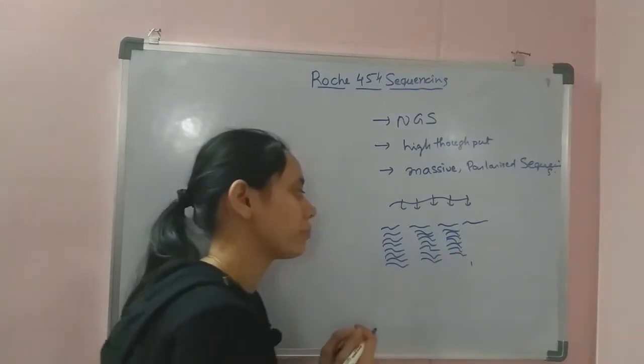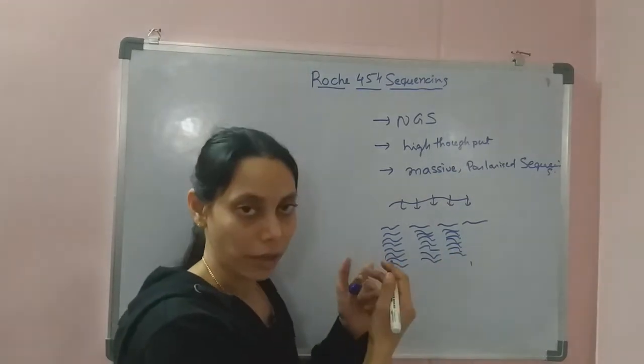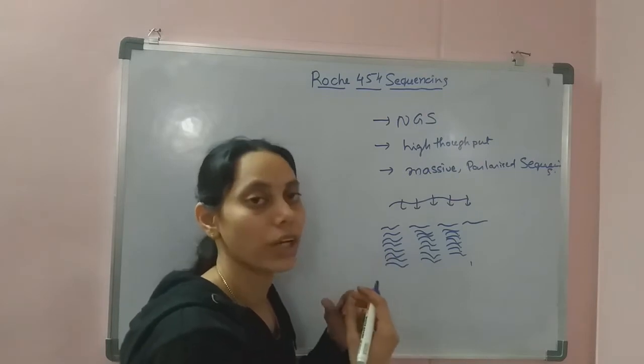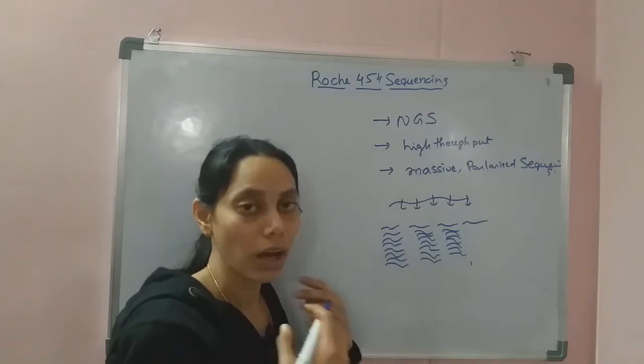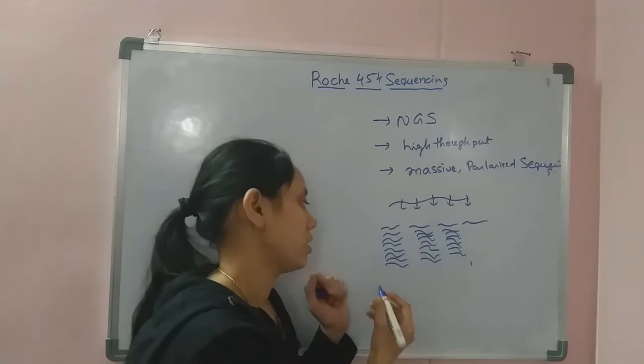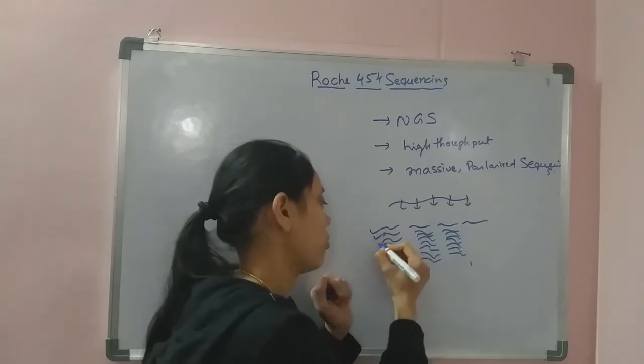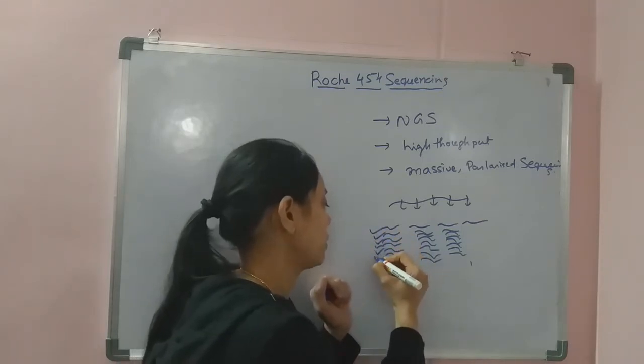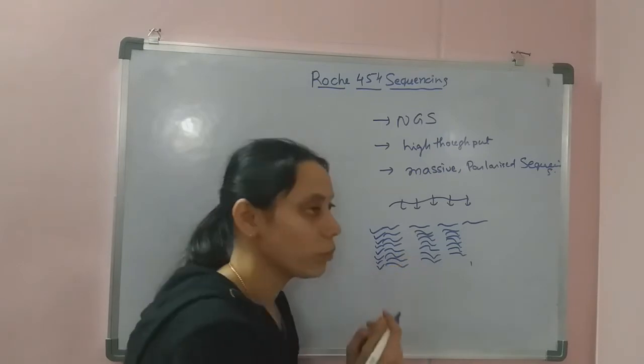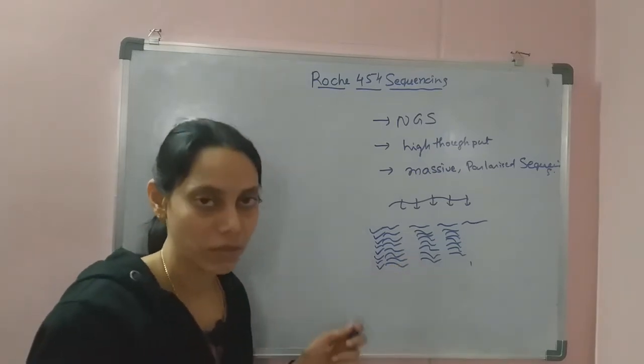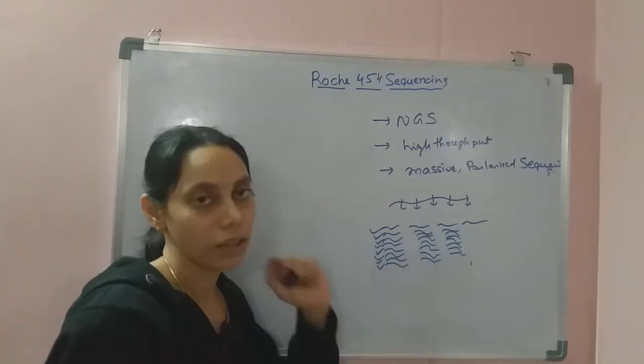So for each fragment there will be a clone containing a very large number of copies, and for each copy we are going to sequence the DNA. So a very large number of sequences is obtained for a single fragment.